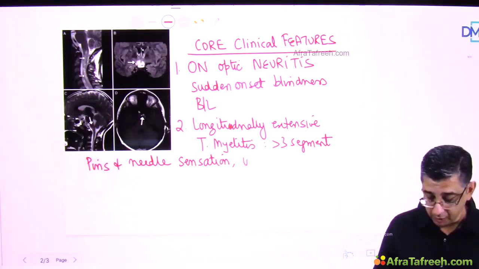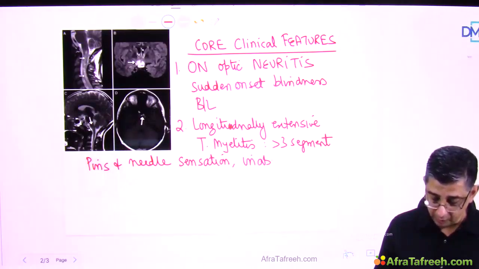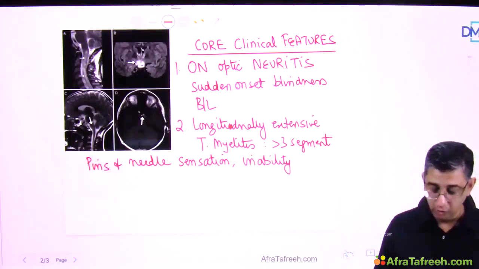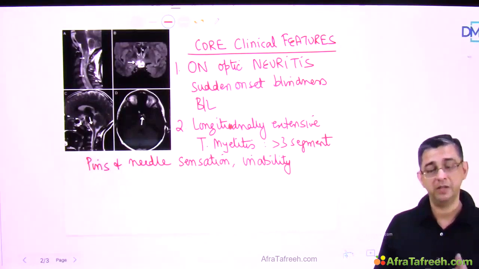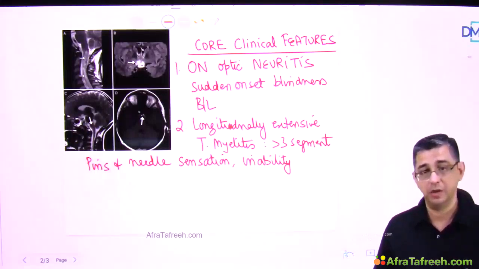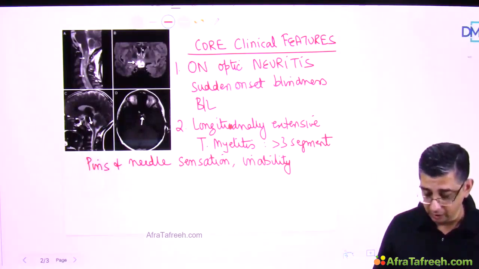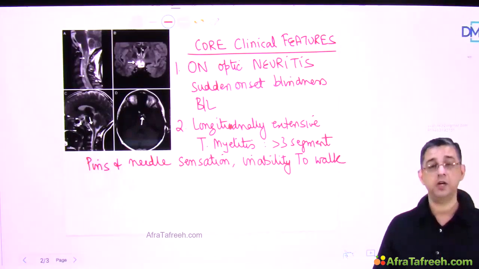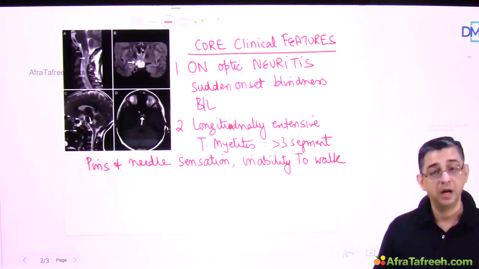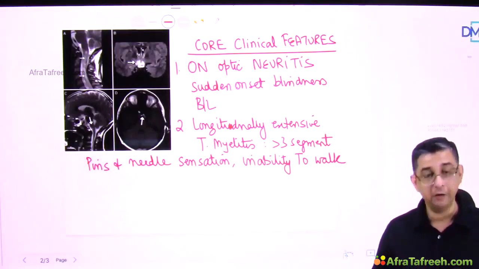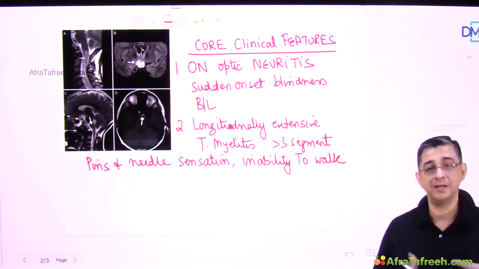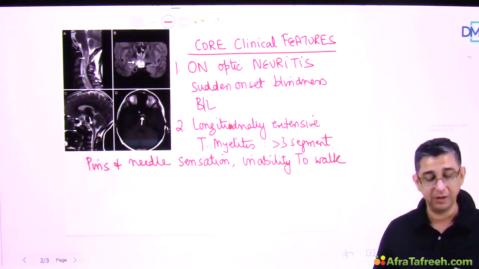And later on, the myelitis component can be so bad that the person might have no feeling in the legs. The person might say that I feel I have wooden legs, because there might be spasticity, and then there might be a frank inability to walk. So ambulation issues will definitely be present in patients of neuromyelitis optica, and everything will develop very fast as compared to multiple sclerosis, which has a rather slower course.